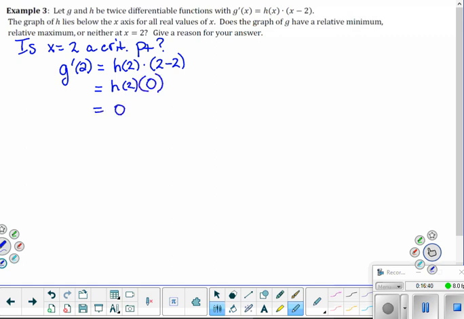Anything times 0 is 0. So definitely we have a critical point. Now, let's roll into what g double prime is. So this is, yes, a critical point at x equals 2.